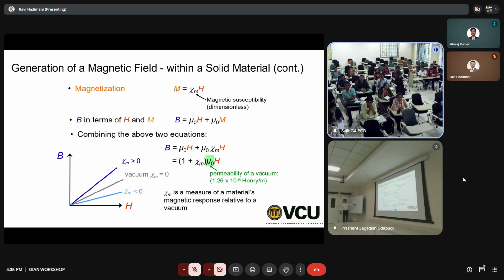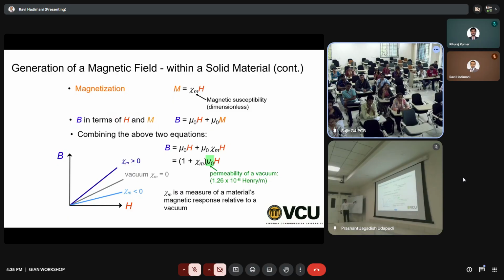Paramagnetic materials will show higher and higher magnetization as you apply the field. For diamagnets, what happens in B is, because B equals H plus M, although M is negative, you're adding H and increasing H, so your B is always positive. Does that make sense?